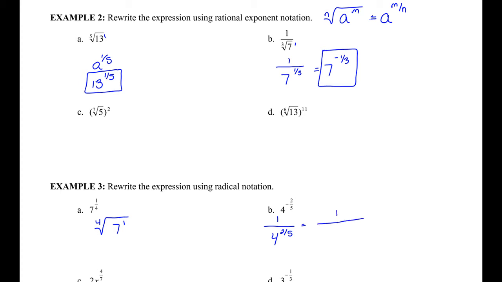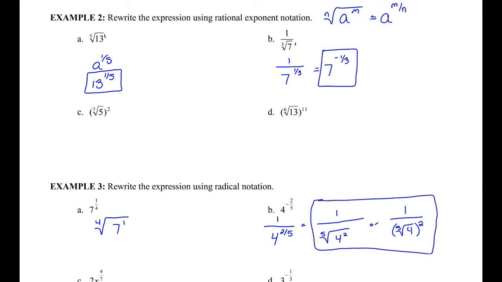So this is the fifth root of 4 squared, or you can write it as the fifth root of 4 where this entire thing is squared. You can write it in either form. And once again, I'm going to have you try example C and D for this on your own, and we're going to look at example 4.